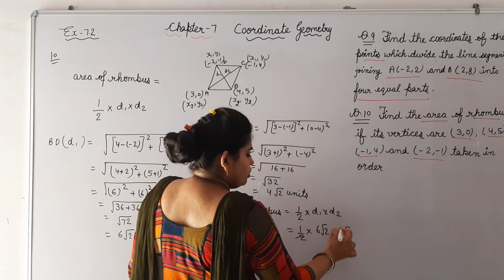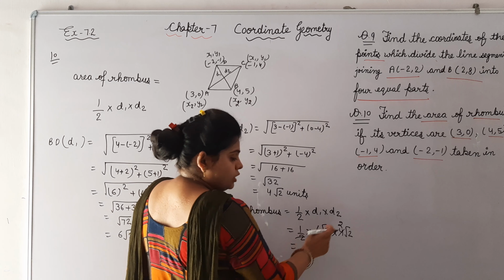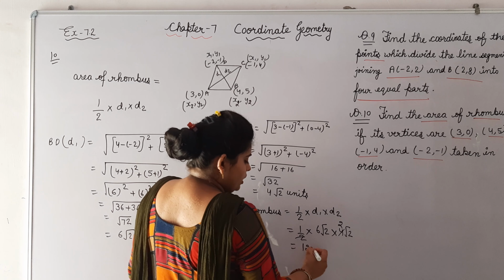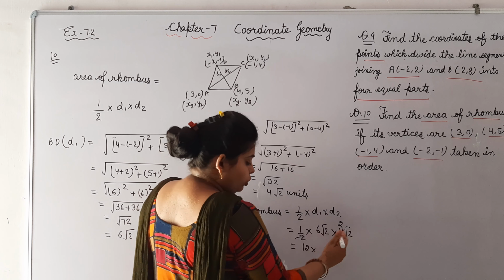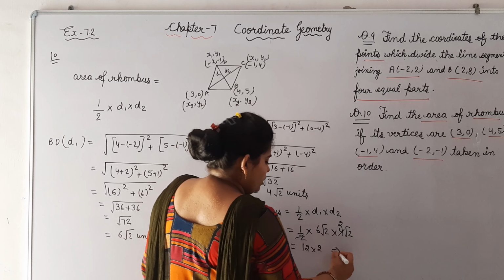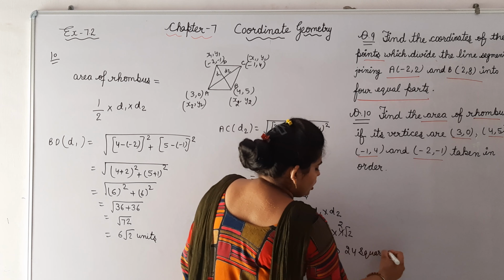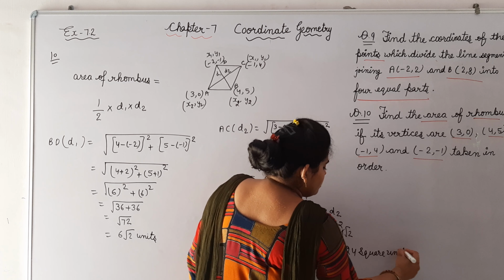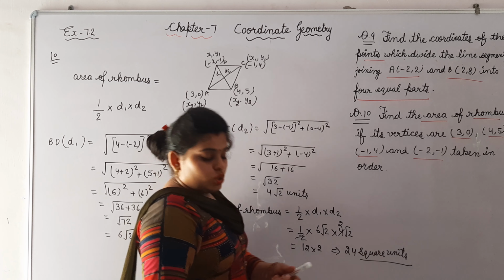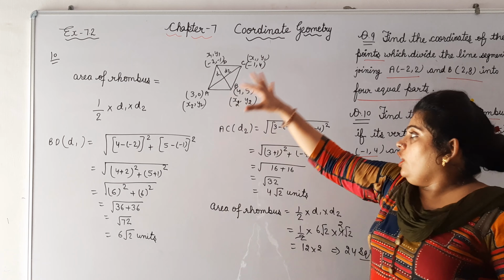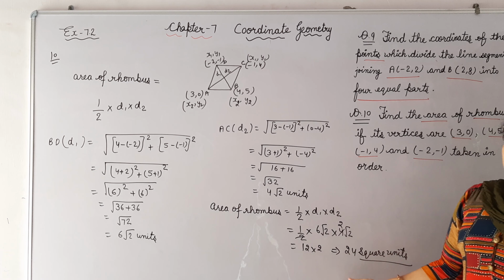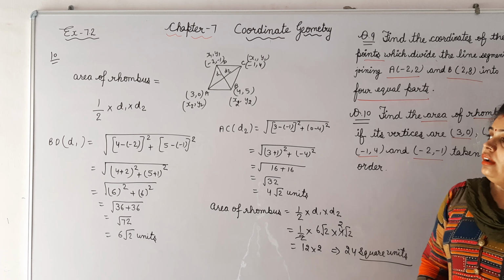Then 6 2s are 12 into root 2 into root 2, 2. Then it will be equal to 24 and it will be in square units because we measure area in square units. So the area of this rhombus will be 24 square units.